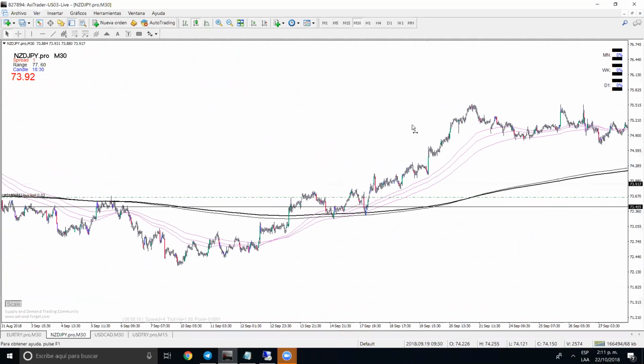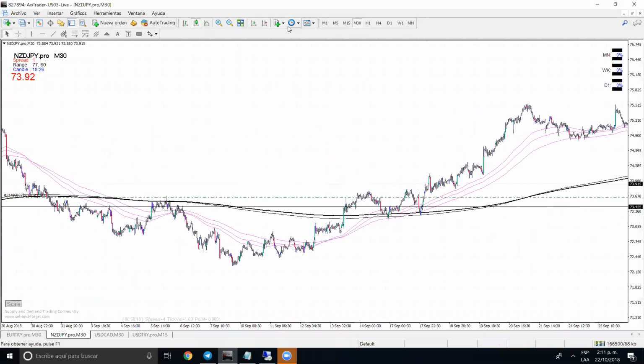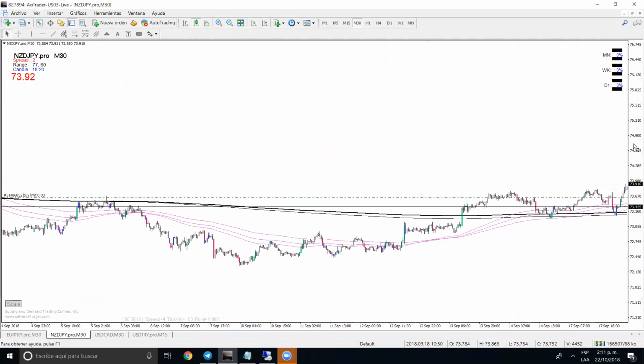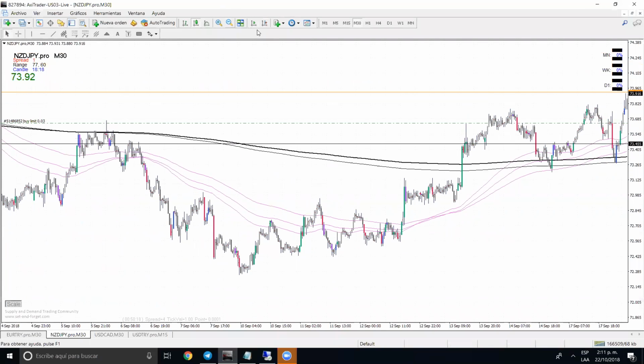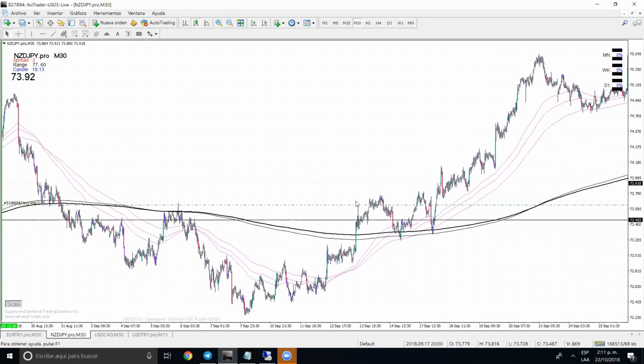Here we have a breakout 1 trade. Let's zoom in on the example to see it more clearly and bigger.